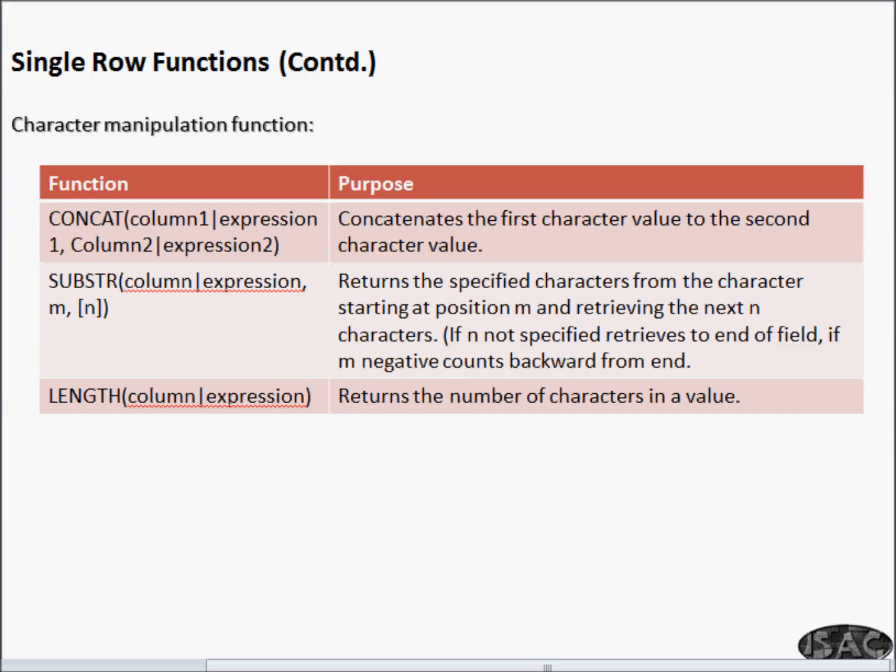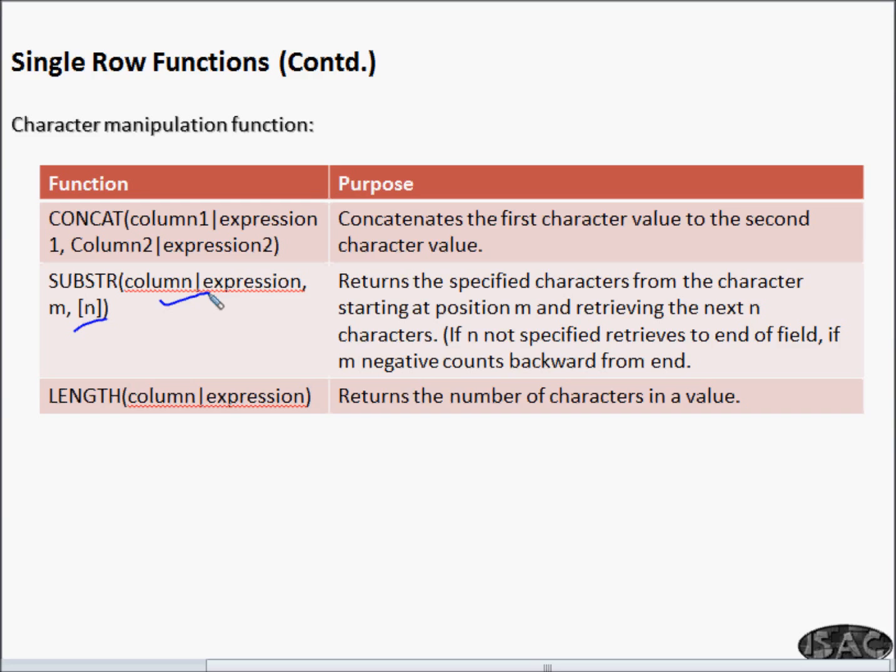If n is not specified, it retrieves to the end of the field. If n is negative, it counts backward from the end, right? So we can pass some value here, and we can pass some expression or some column. It will extract that particular part. Let us say you have first name and last name and you want to extract the first name only, you can just get it.